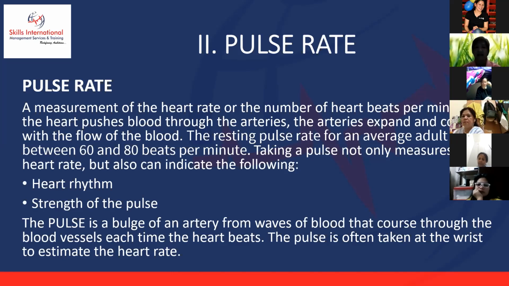So we will just take the normal pulse rate as 60 to 100 per minute. Taking a pulse not only measures the heart rate, but it also indicates the following.